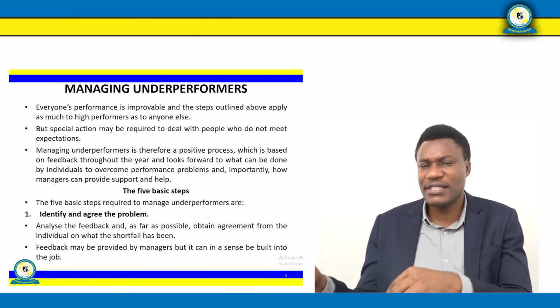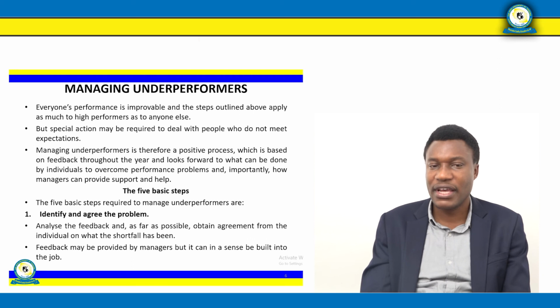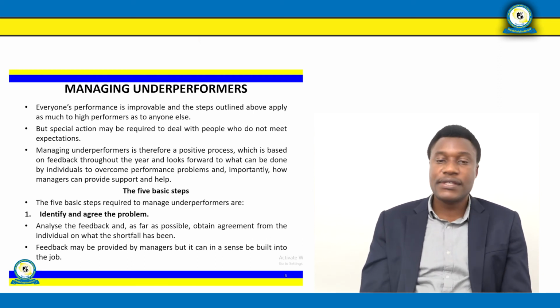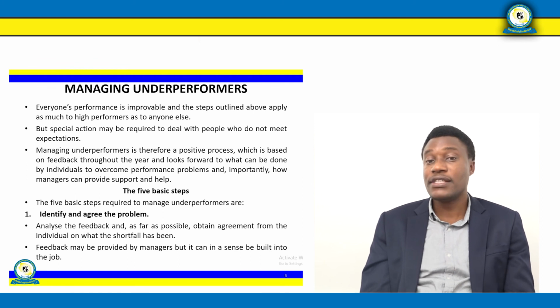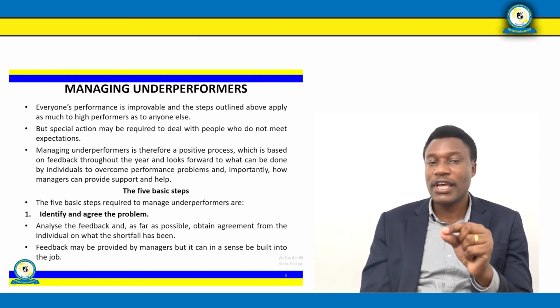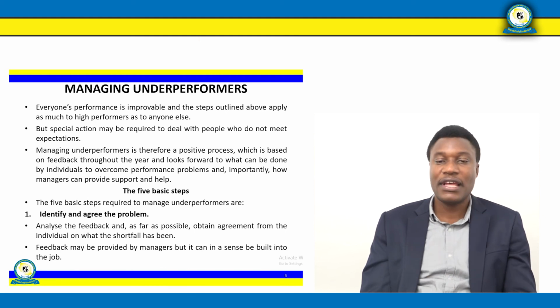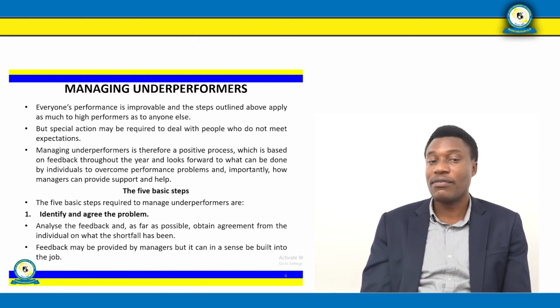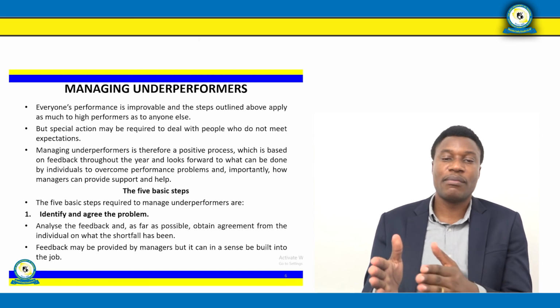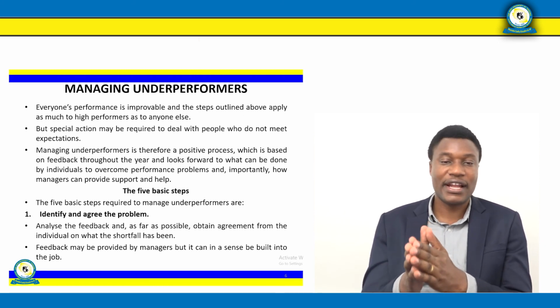Now, how do we manage this with these individuals? Everyone's performance is improvable. That is very important that we have to note. Everyone's performance can be improved, and the steps outlined above apply as much to high performers as to anyone else.